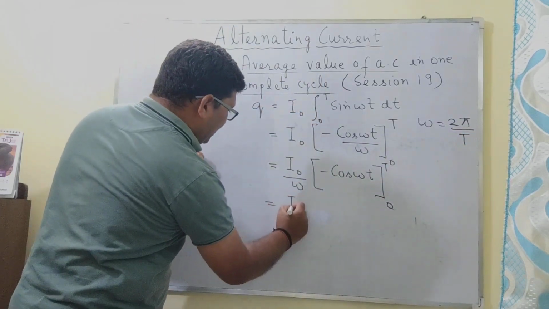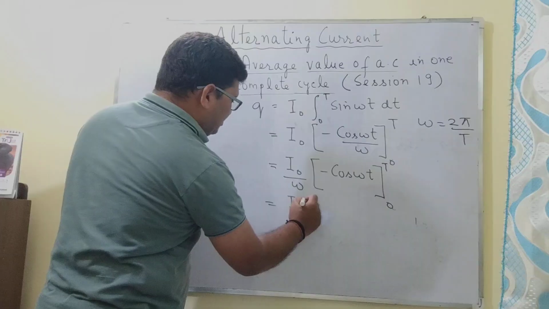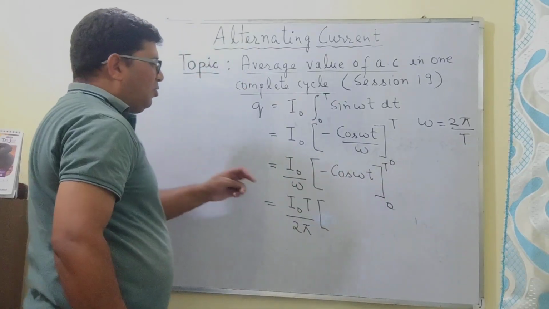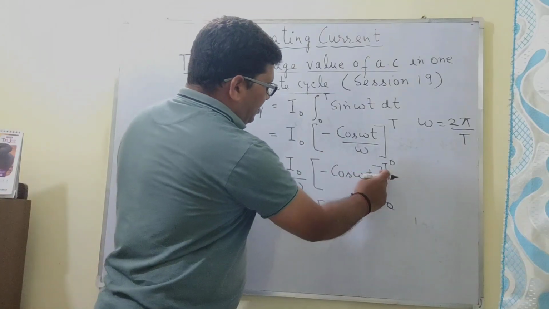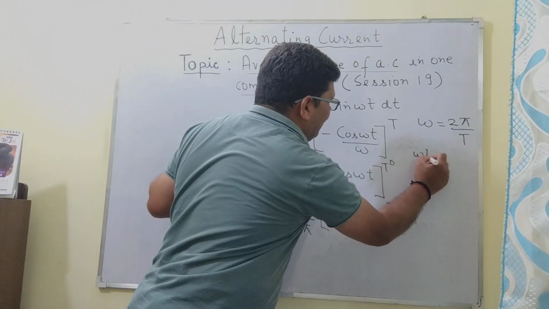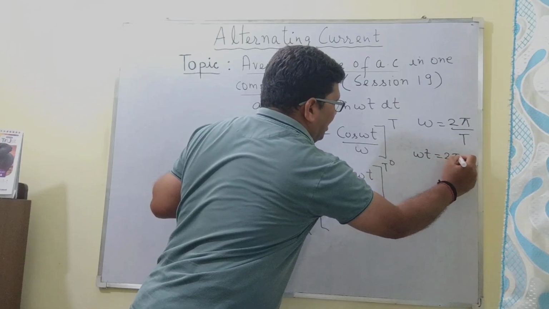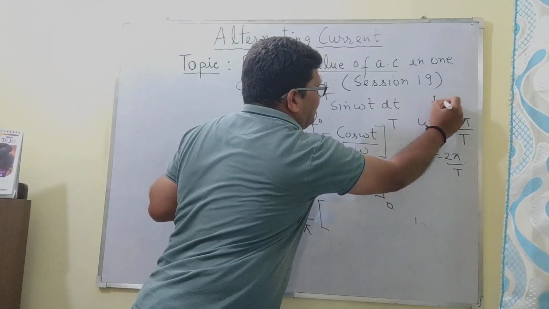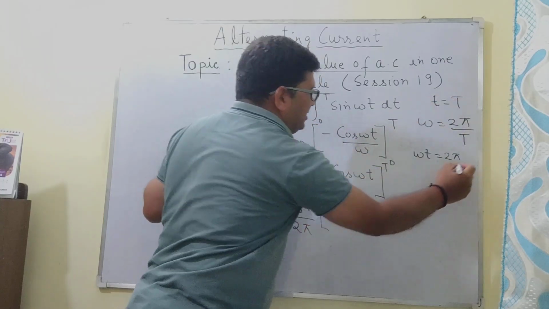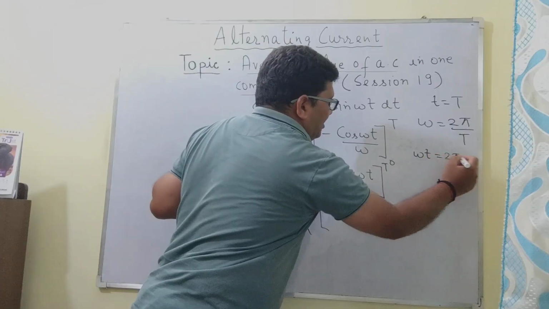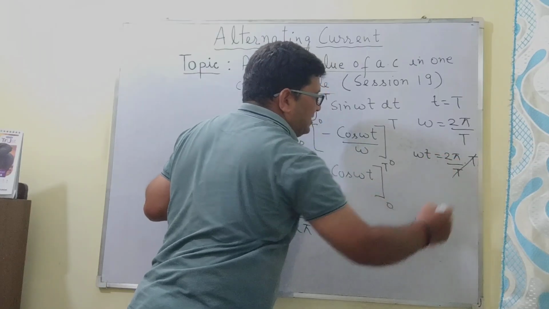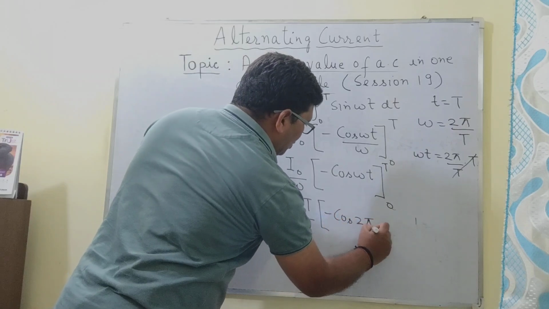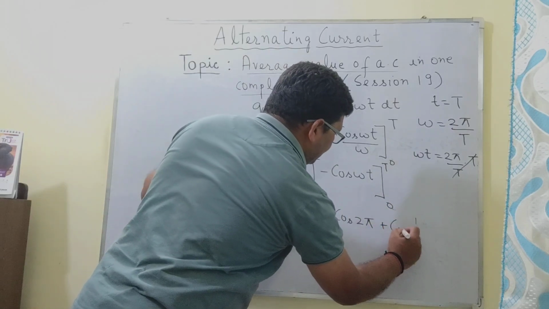So this can be written as I naught divided by 2 pi upon T, so this will be I naught T divided by 2 pi. If I substitute the limit t equal to T, then omega t will be equal to 2 pi upon T into T, so this will get cancelled out. Finally I will be left with minus cos 2 pi plus cos 0.